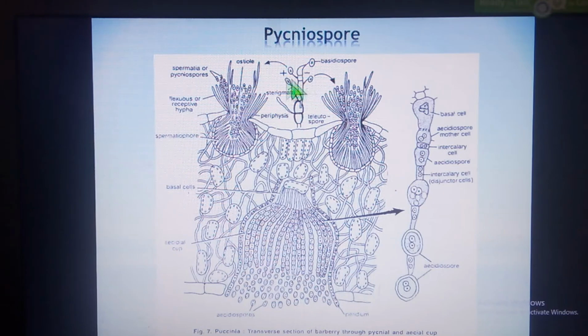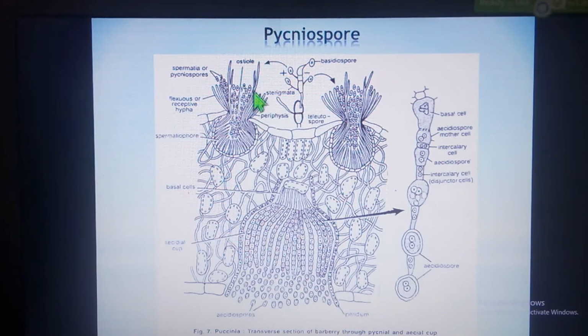They secrete a nectar drop during release of the mature pycnospores. You can see here the pycnospores are released outside, and the pycnia release a nectar drop during this time. And suppose an insect comes in contact with this barberry leaf, the insect gets attracted by the nectar and helps in the transfer of the pycnospores to the flexuous hyphae.